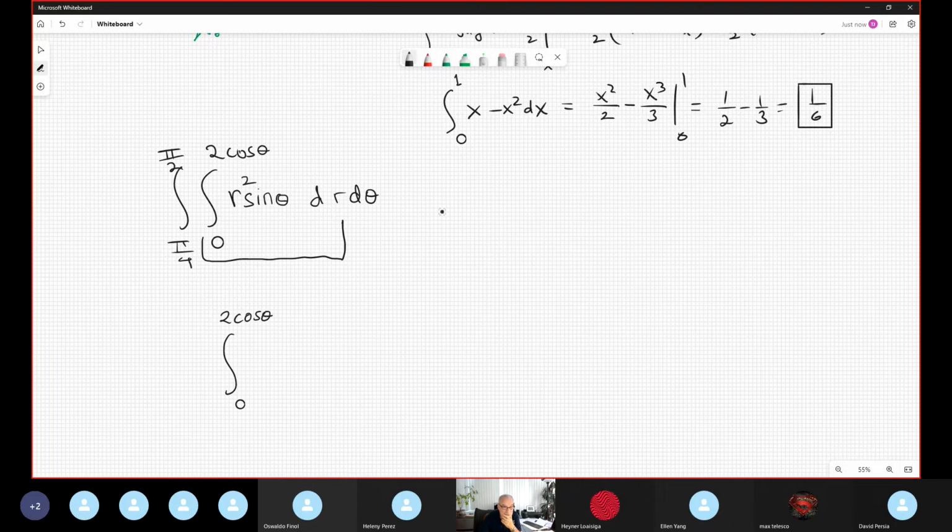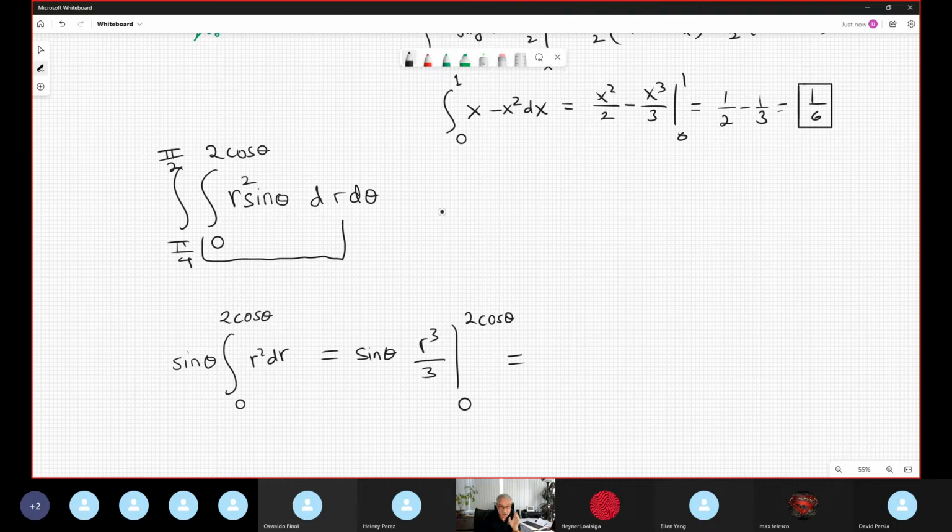Sine theta is a constant; you put it outside and focus on r squared dr. This is r cubed divided by 3, evaluated between 0 and 2 cosine theta.